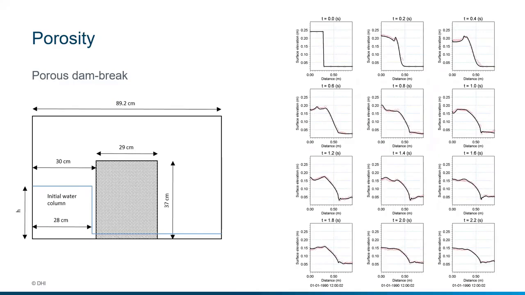But we see that throughout these processes, the MIKE 3 Wave FM module is capable of simulating this flow through a porous media, and it captures it quite accurately. So this tells us that the porosity model that we have implemented can be used and validated to model some of these porous areas, such as breakwaters.